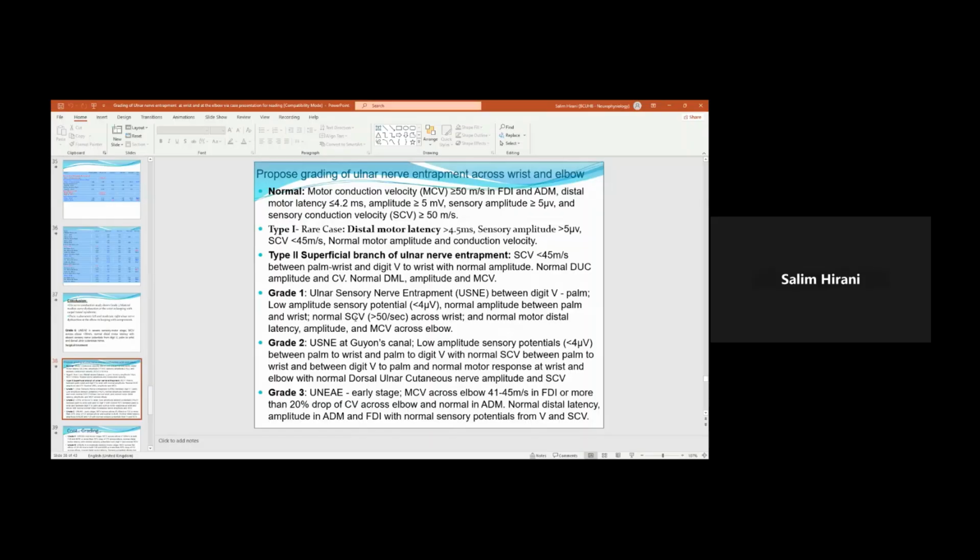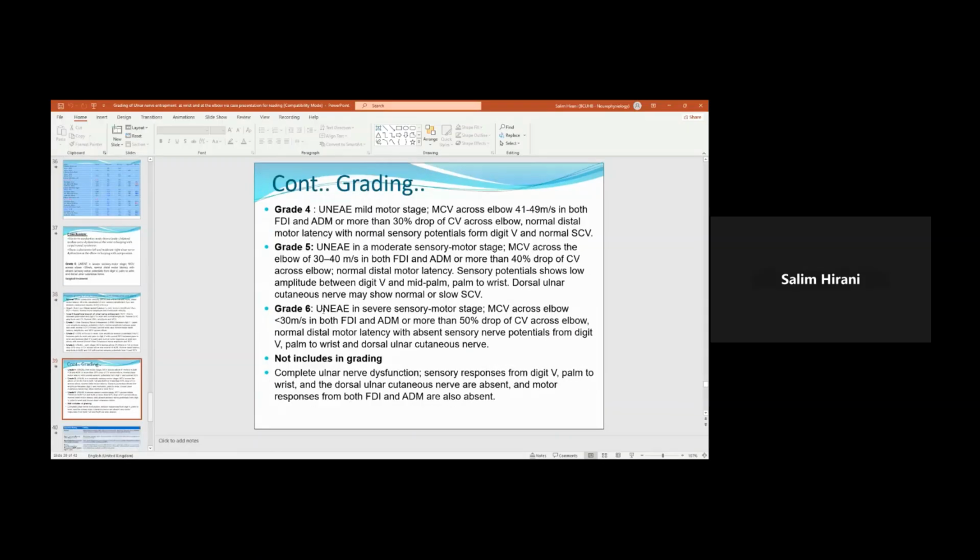One thing more I just want to add here. I noticed a few of the research talk about the amplitude drop across the elbow, but in my research there are a lot of cases, around 1,000 cases, and out of that I only saw a drop of amplitude in basically grade 5 and 6 in between, where the amplitude drop was above 40% or 50%.